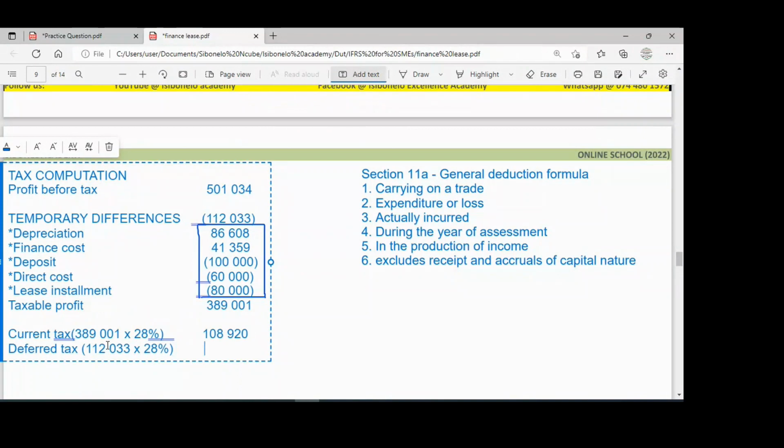That comes to 31,369.81. So you will get the tax expense again.